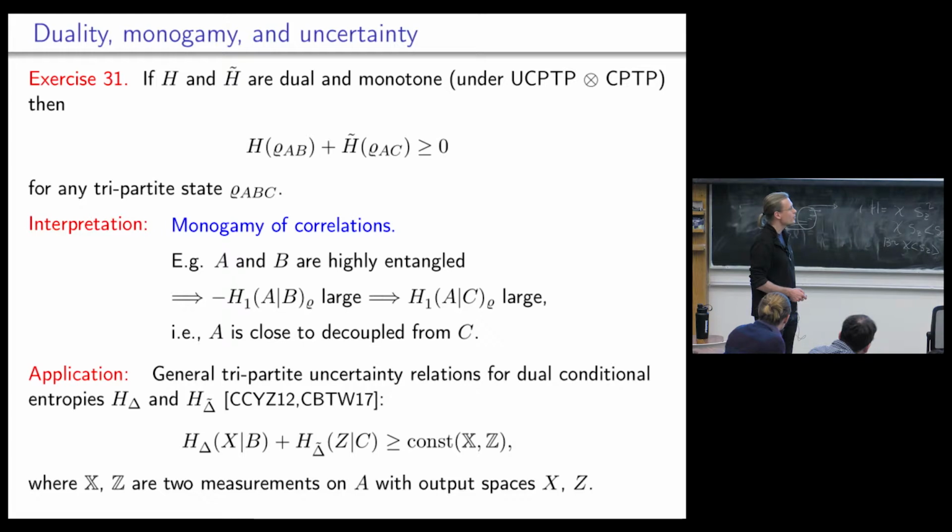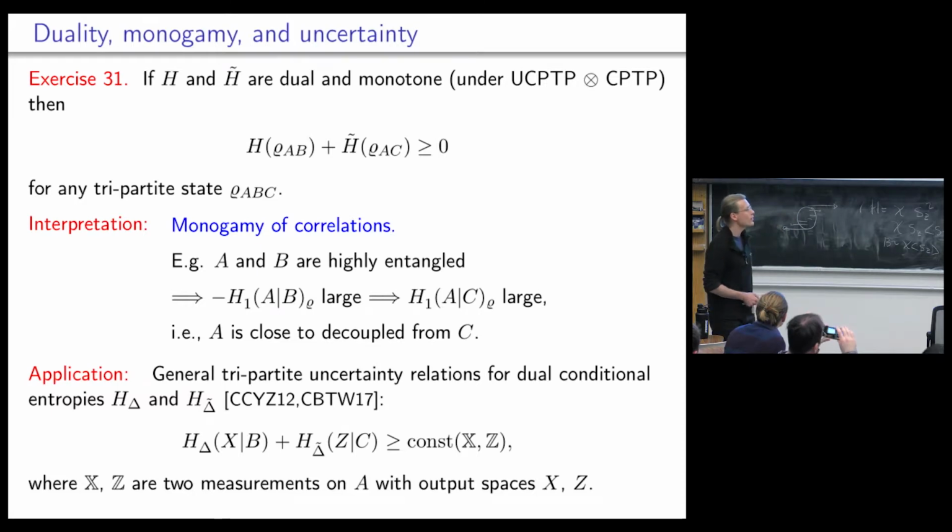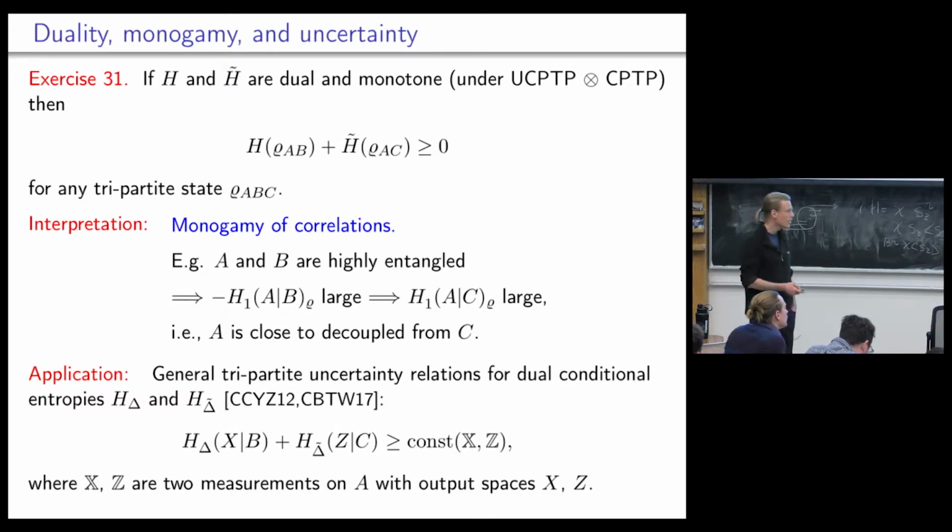The interpretation is that we make two measurements X and Z on system A with output spaces X and Z, and we look at the uncertainty about the outcome with quantum side information on system B or quantum side information on system C. And this cannot be arbitrarily low, these two conditional entropies, and it is lower bounded by a constant that only depends on the measurements. And this has very important applications in, for instance, cryptography, where you have to bound the information that some eavesdropper has about a state, and you want it to be small.